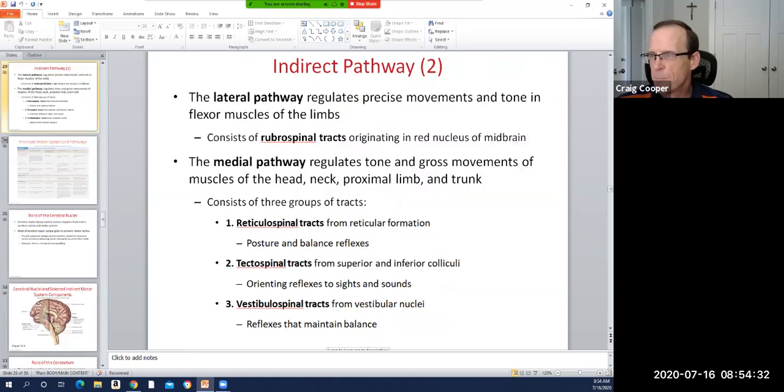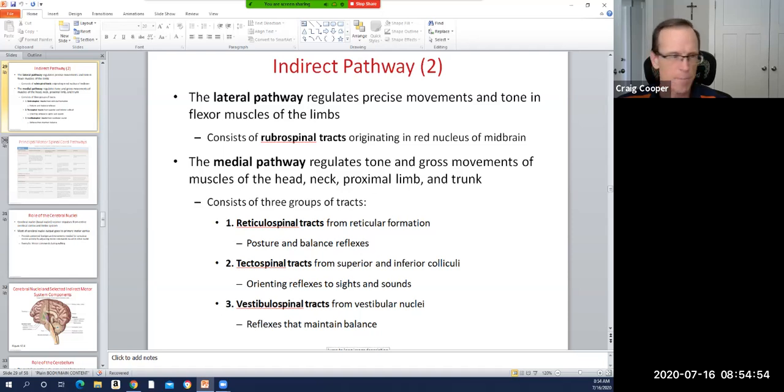All right, so briefly, we'll talk about these indirect pathways. And I think if you just know these bullet points, that's probably all you really need to know on them. The rubrospinal means red. So there's a portion of the brain, in the brainstem or midbrain, excuse me, called the red nucleus.